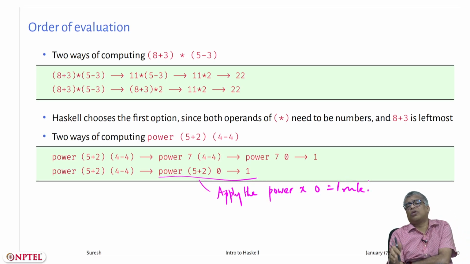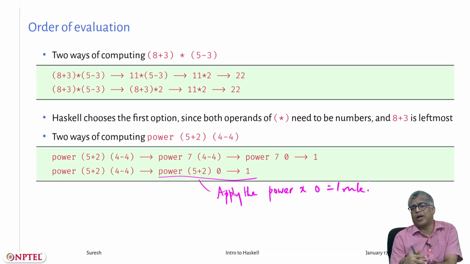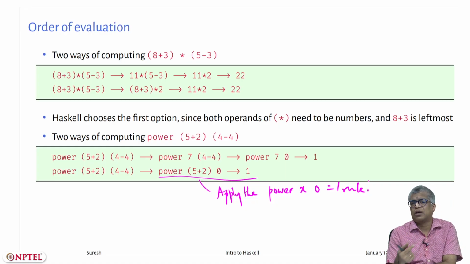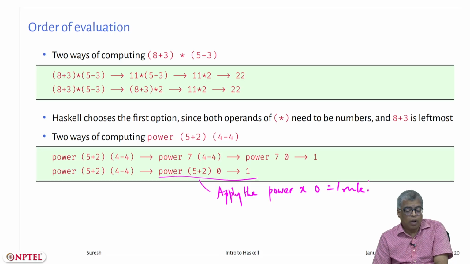And for applying this rule, that x need not be a value. It could be any expression whatsoever. This is why Haskell chooses the second approach. Haskell will always choose this approach. But the point is, the moment it simplifies 5 plus 2 once, it will be the 5 plus 2 standing for x. If it is simplified once, it will be simplified everywhere else that it is used.